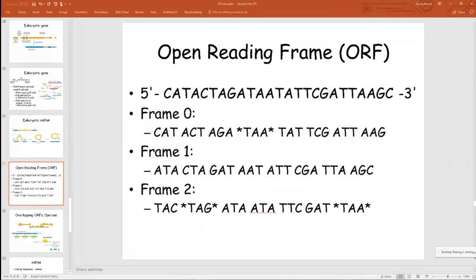When you encounter a DNA sequence that is given to you from 5' to 3', you consider 3 frames in one direction, but then you also have to consider the 3 frames from the other direction, because the RNA polymerase could use either one as coding or non-coding.